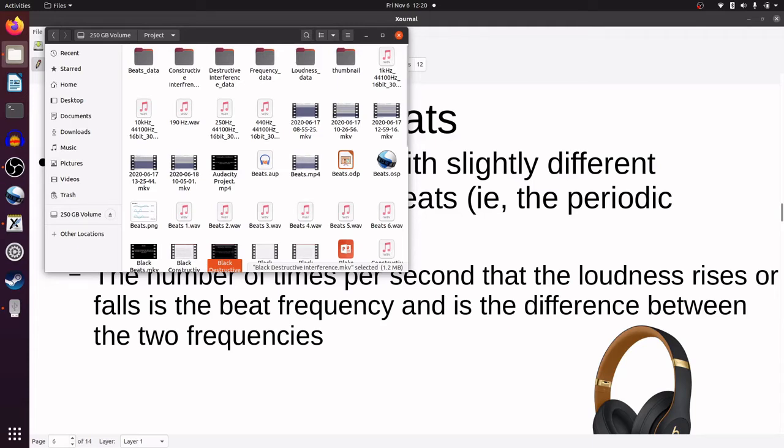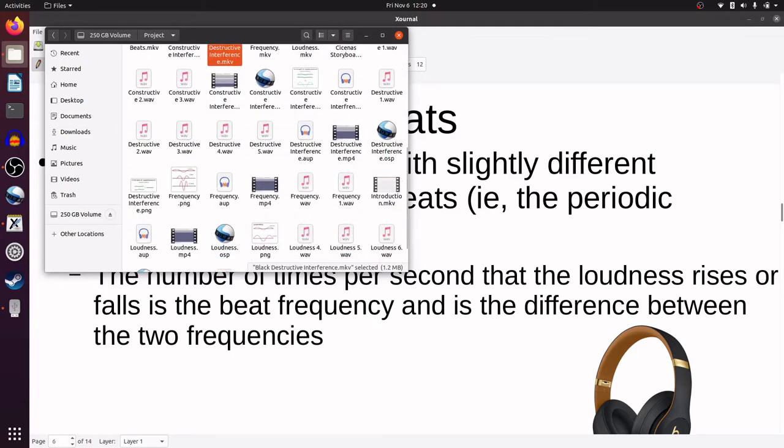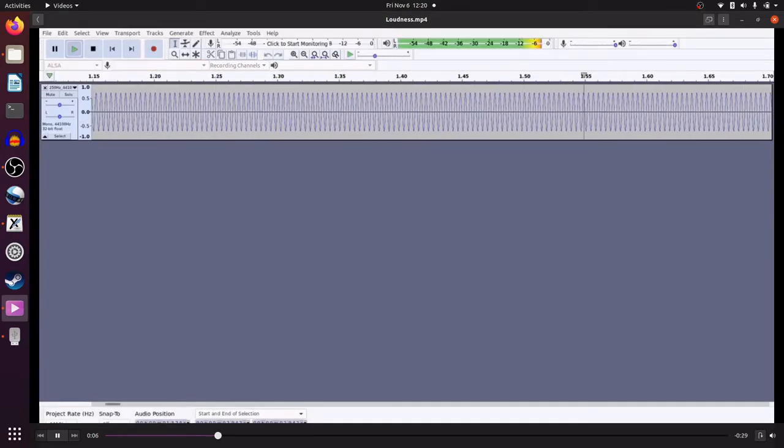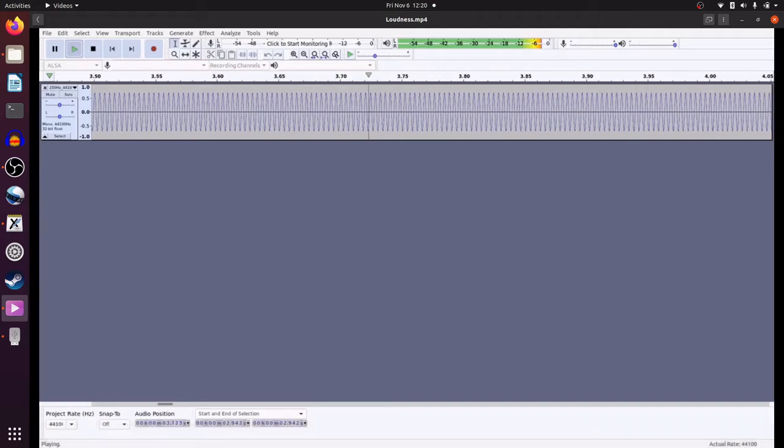Note the amplitude and the volume of this 250 hertz tone.